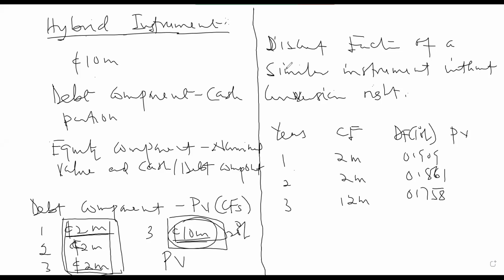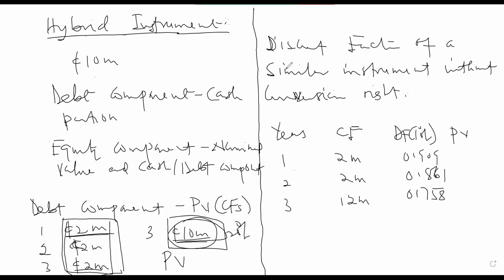So initial measurement is separating the debt component from the equity component. Then for subsequent measurement, you subject the debt component to amortized cost, but the equity component will not be remeasured. And where do we put the equity component? It will be sent to other components of equity. Okay, so that is all about this one.